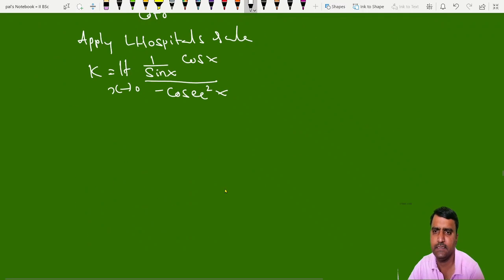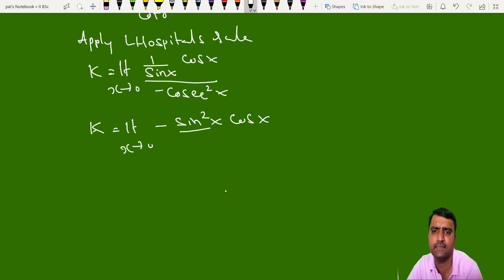Now simplifying, k is equal to the limit as x tends to 0. When you bring cosecant square x to the numerator, it becomes sin square x. So it is minus sin square x, and in the numerator cos x is there, divided by sin x. One of the sin x cancels. What is remaining is sin x into cos x.